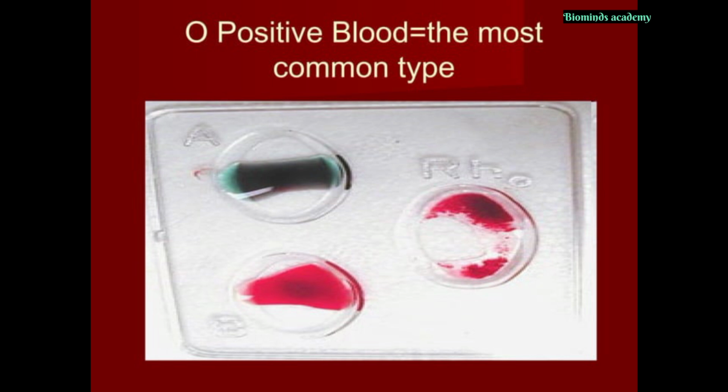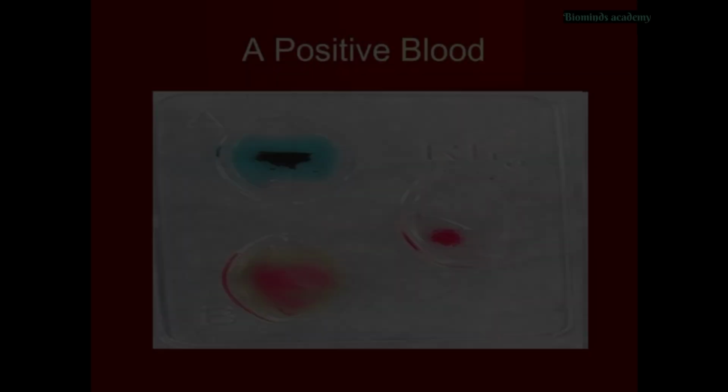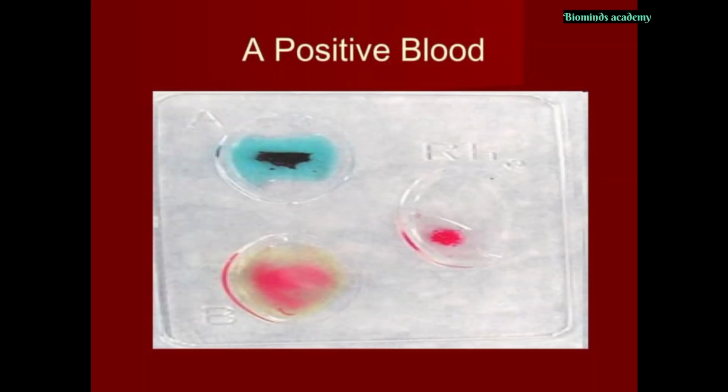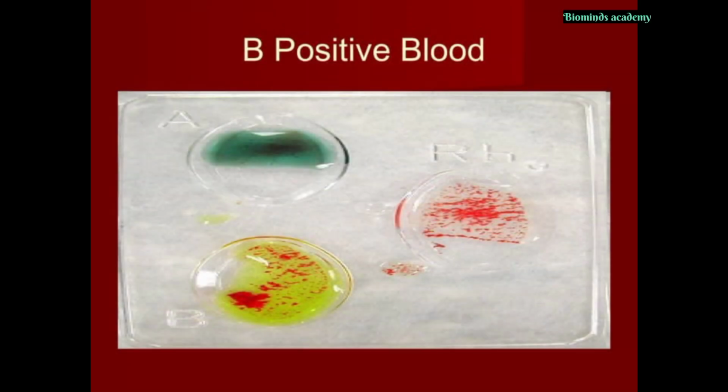The agglutination occurs only in anti-D, because in O positive anti-A and anti-B are absent. In A positive, only anti-A and anti-D have agglutination. This is A positive blood. In B positive, anti-B and anti-D agglutinate, and the agglutination is absent in anti-A. It is B positive blood.